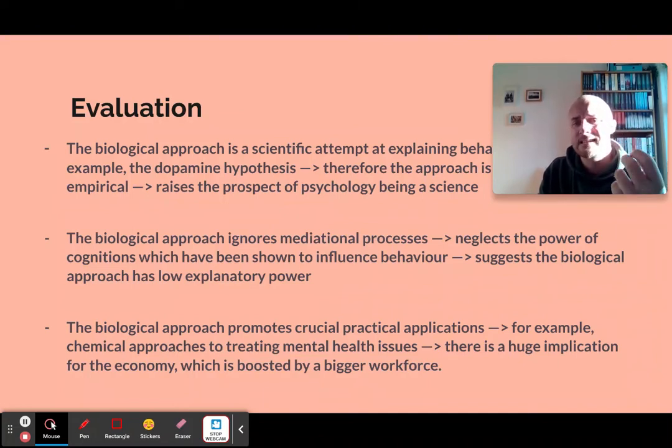They're paying taxes, they're contributing to society, they are lowering the unemployment rate and unemployment benefit, for example. They are contributing to our society, and it's psychology that is doing that. So that's a clear evaluation here.